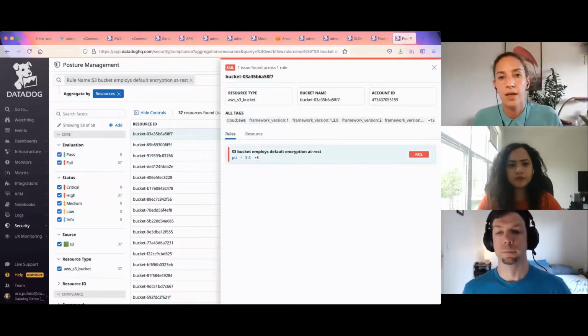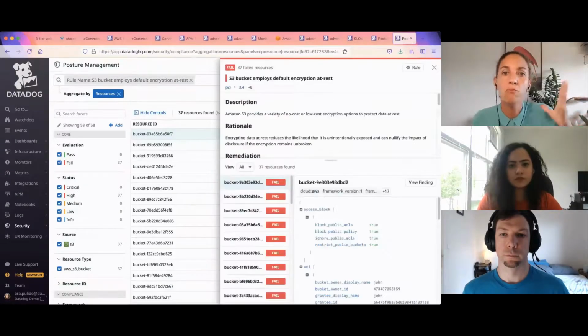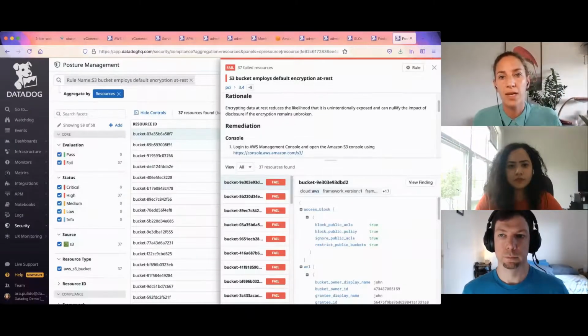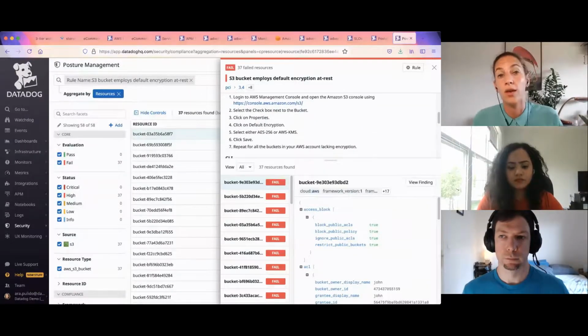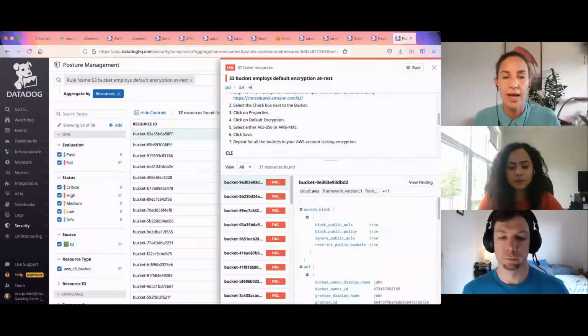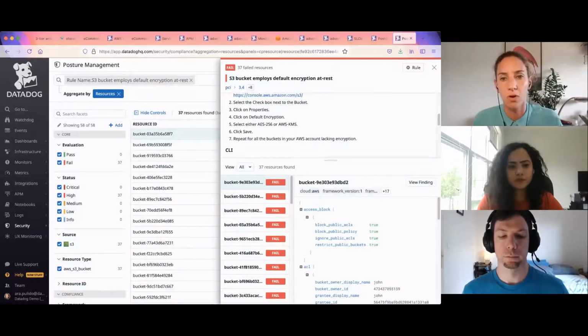And not only does it give you the resource in your AWS account that is failing that best practice, it gives you the remediation. So it gives you some tips on how you can go quickly to your AWS account and fix that problem.